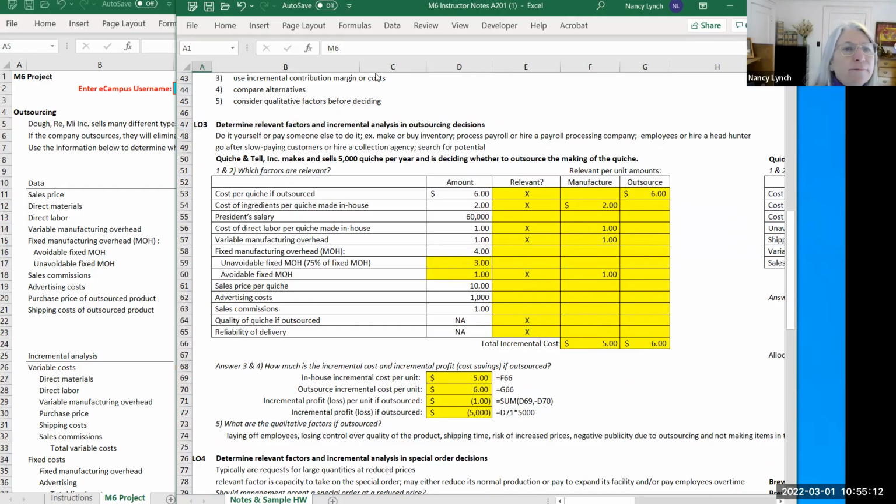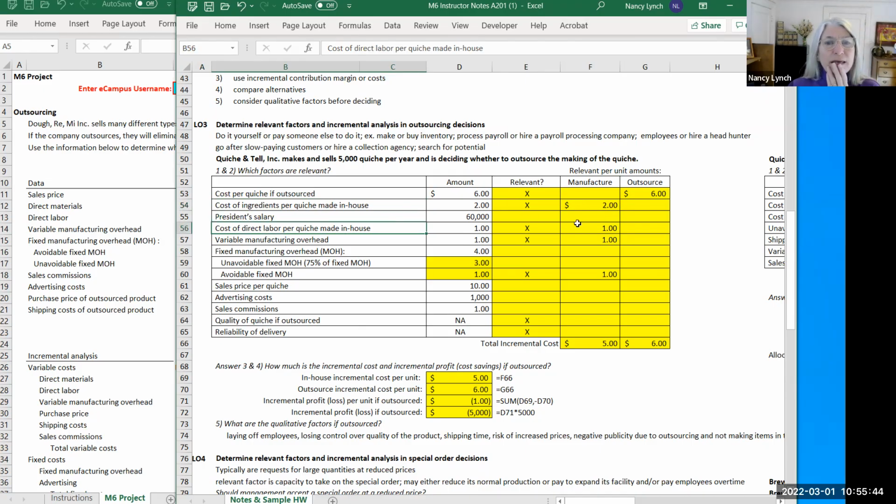As you can see here, what's relevant in this decision is only the things that will change as a result of the decision. So if you manufacture one item, just one unit, what will be the costs that would go away if you stop manufacturing, or if you manufacture, what's the additional cost? So always your variable costs, like direct materials and direct labor, those are always relevant.